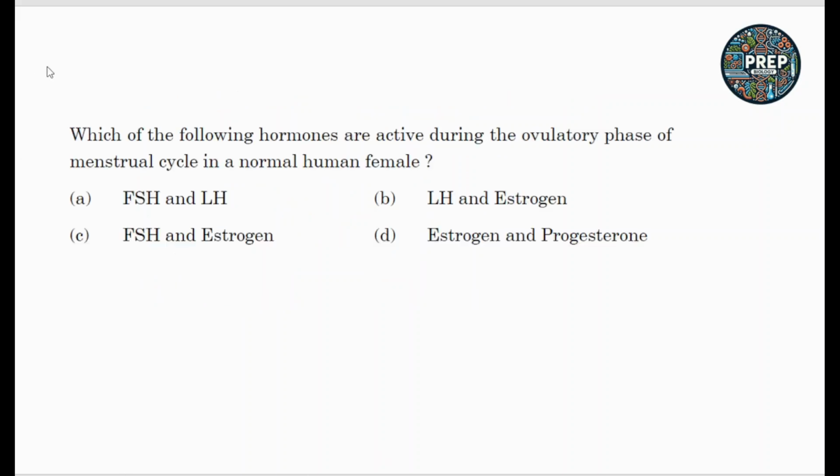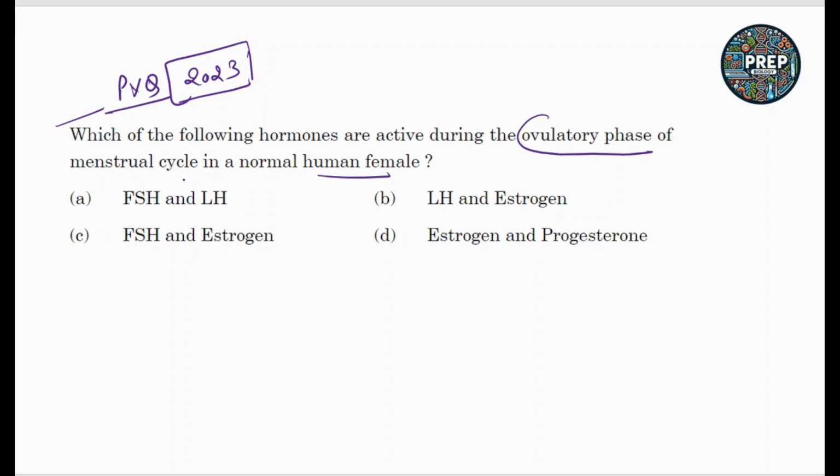Okay. Next question. Which of the following hormones are active during the ovulatory phase of the menstrual cycle in the normal human female? So this is the PYQ that was asked in your 2023 board examination. So you all have to find out, during the ovulatory phase of the menstrual cycle in a normal human female, which hormone is mostly active.